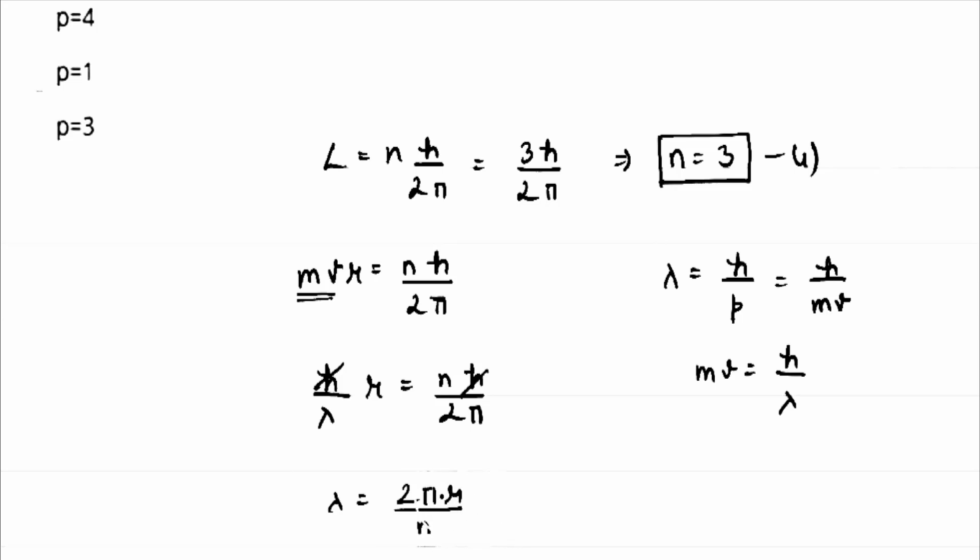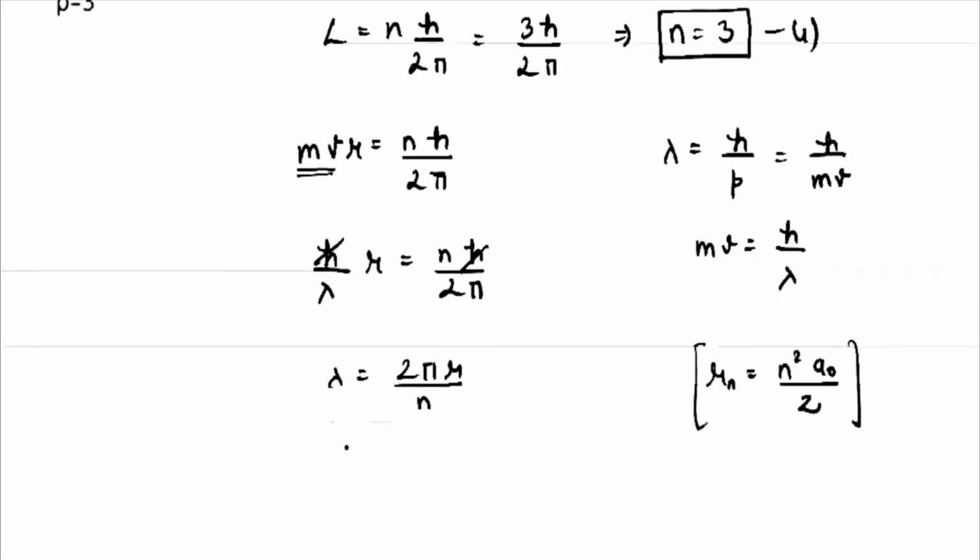Now we also know that Rn is equal to n square a naught by z, where Rn is the radius of the nth orbit. So I can put the value here. Lambda will come out to be 2 pi over n multiplied by n square a naught by z, where z is the atomic number.